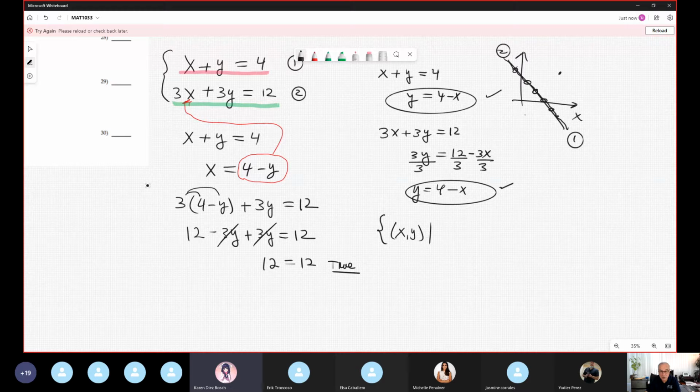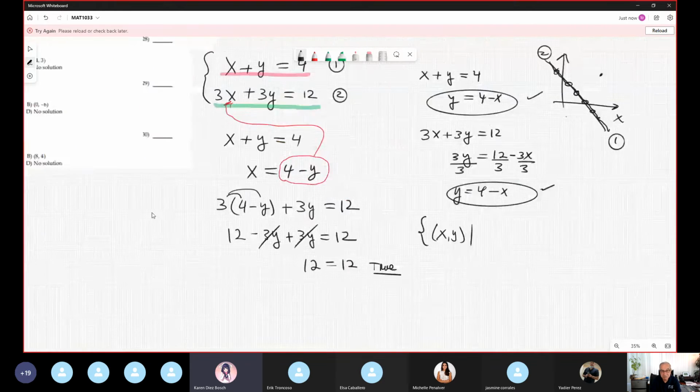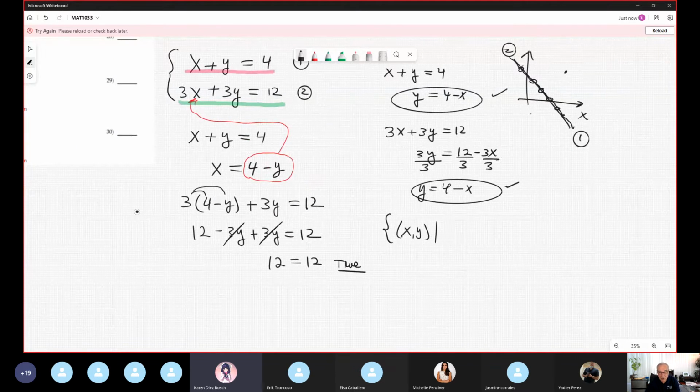Okay, you compare as the same. In this case, they copy the equation 1 because I know very well, okay, they are completely equal. The technical name is that these equations are dependent, and dependent means it's the same line.